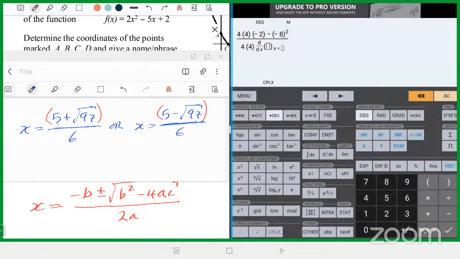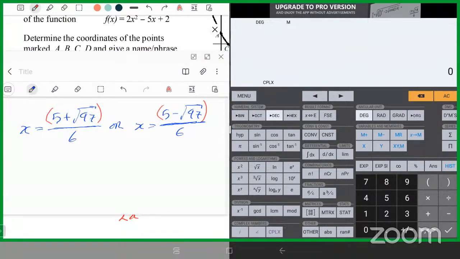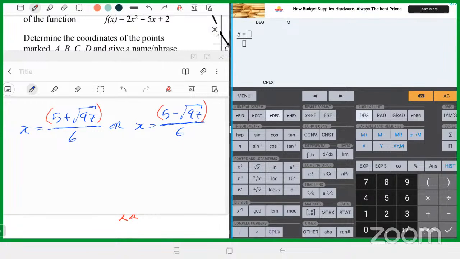I'm just going to illustrate it for these two. So I'm going to set up my fraction, and you need to get one of the calculators that will show you this. 5 plus square root 97, over 6. And my answer there is 2.47.